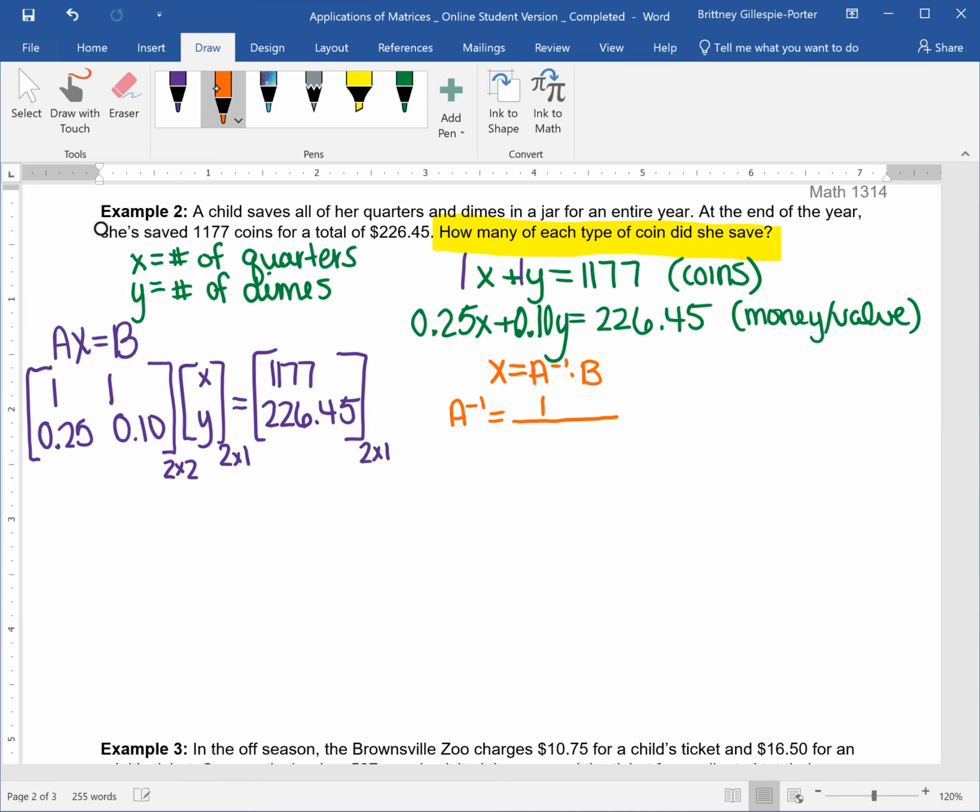That means we need to find A inverse. Remember, A inverse is equal to 1 all over AD minus BC times D, negative B, negative C, A. Flip on the main diagonal and we negate on the backswing. So plugging in from our A matrix, we're going to have 1 all over 1 times 0.10 minus 1 times 0.25.